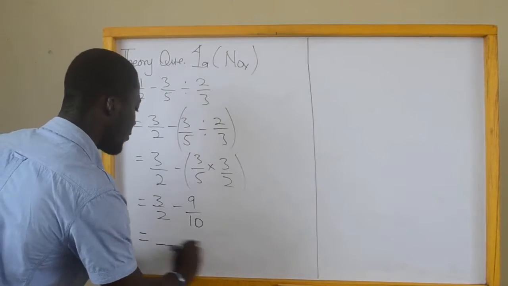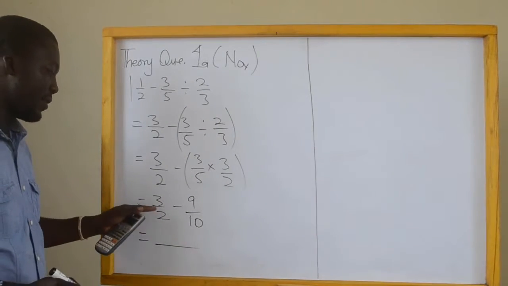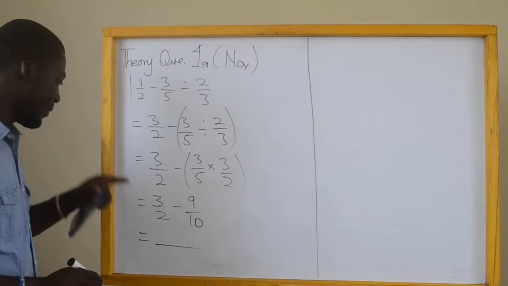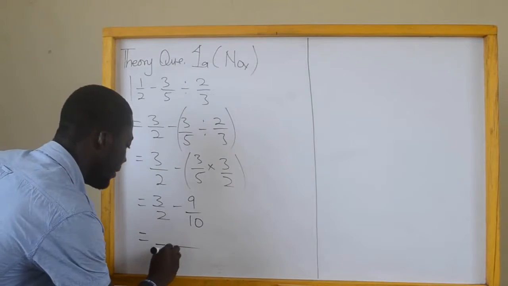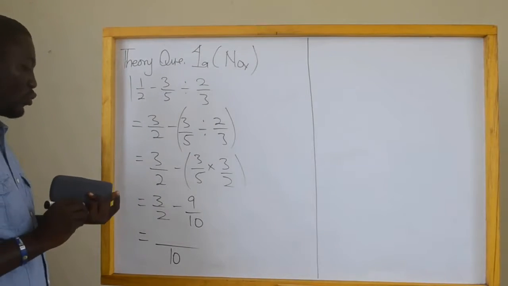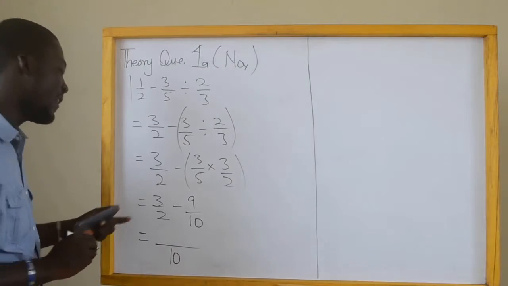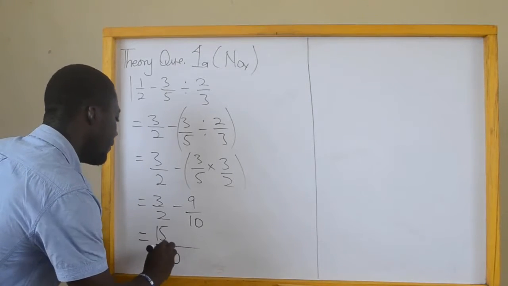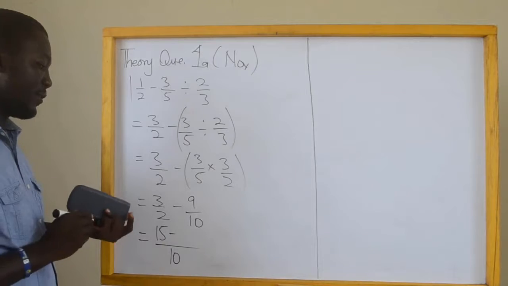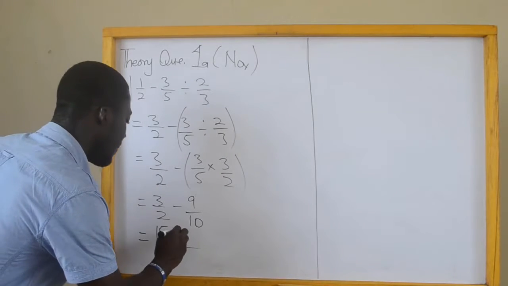What is our least common denominator between this term and this term? We have 2 and 10, so 10. 2 goes into 10, 5. 5 times 3, 15. 15 minus 9.